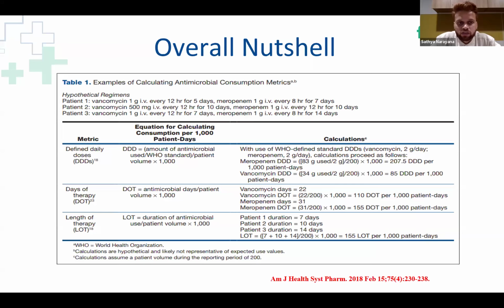So that would denote DDD. But when it is DOT, here we will be measuring the number of days the patient is on antibiotics, and that would be respective to each and every antimicrobial in the regimen. So this is a way of dealing with DOT. And if it is LOT, here we will be dealing with the total number of days the patient is receiving antibiotics irrespective of drug, dose, frequency, and all.